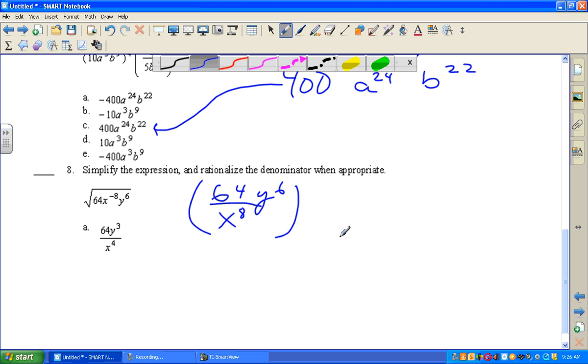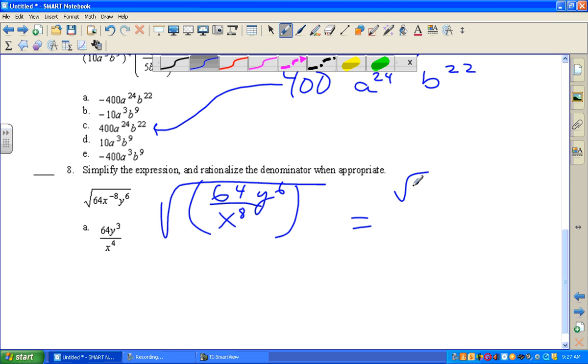And how do you account for the square root? How do you do the square root? Like that? Okay, now how do you take the square root of all that?